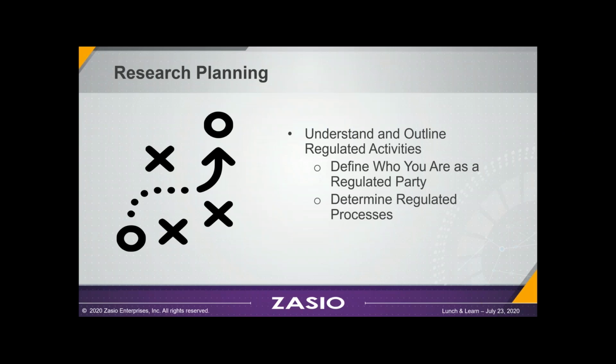And so the way that we usually go about this is, with most clients, we have an initial information collection process. If you were conducting this research internally, you would do it internally with your own organization, but we're going to be sending out questionnaires to knowledgeable stakeholders that know how your company is regulated.